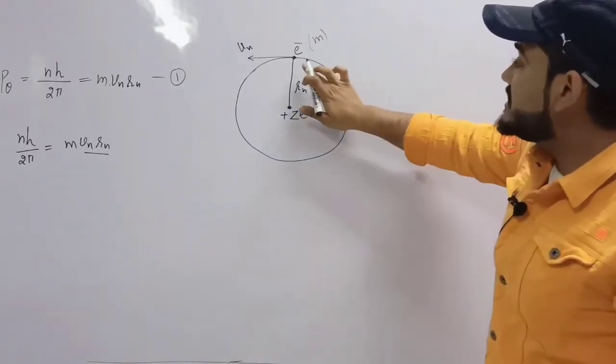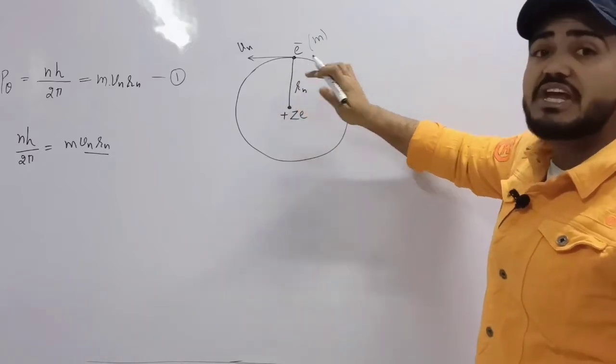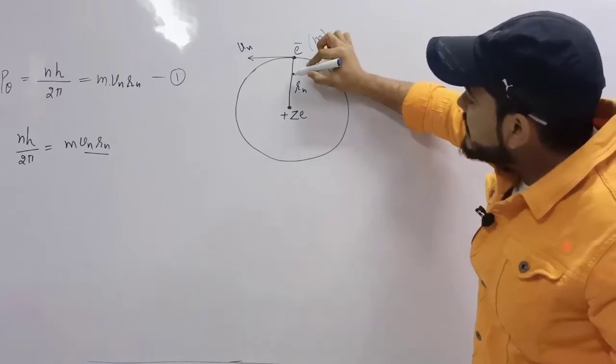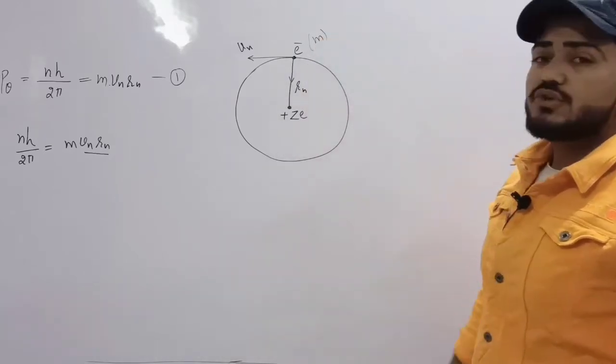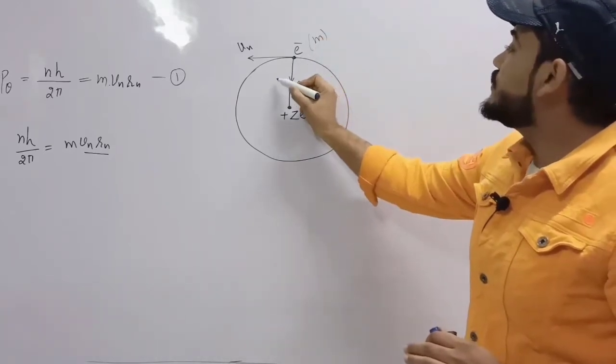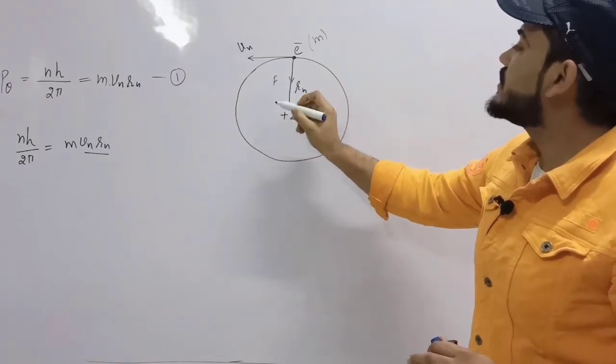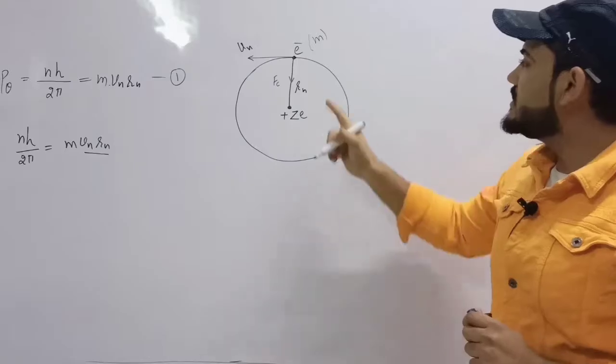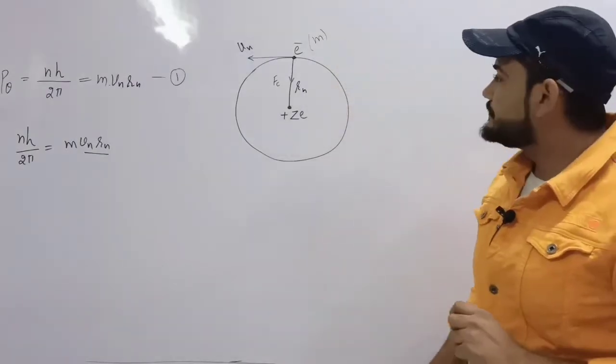That means this electron experiences a centripetal force of attraction towards the center, and let us call this force Fc. This is the centripetal force acting on this electron in the circular path.